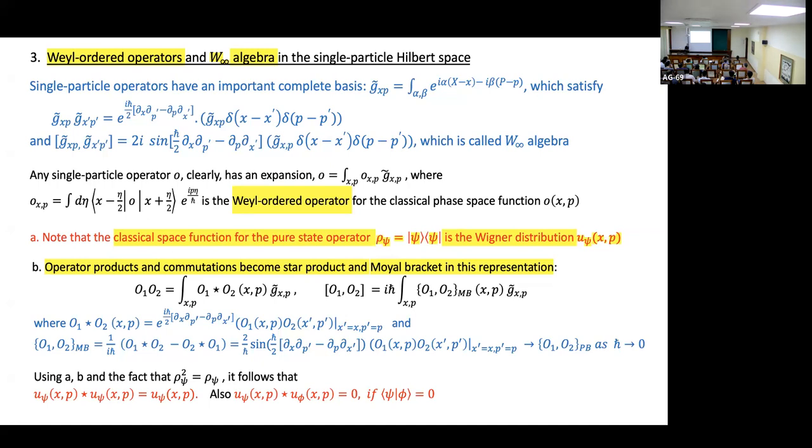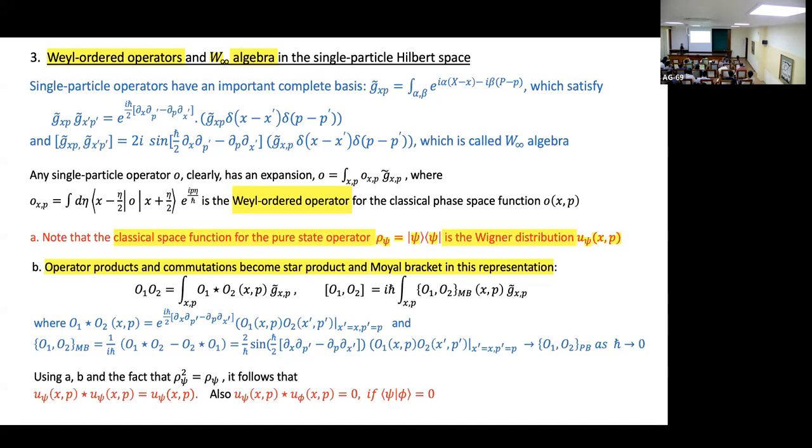So projection operators for a particular state psi go to the Wigner phase space distribution of that state. This, together with the fact that rho psi squared equals rho psi because it is a projection operator, tells you that the star product of the Wigner distribution of psi with itself must be u psi star u psi equals u psi.